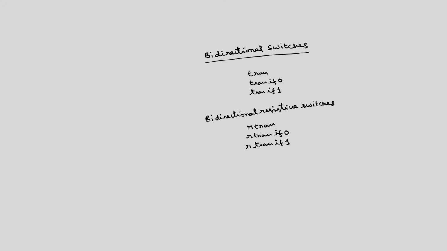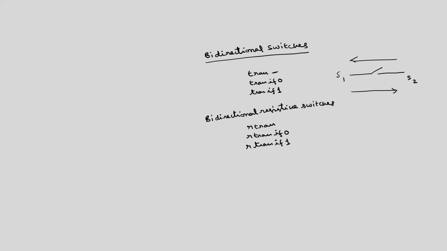As the name implies, the data can flow from input to output or output to input. If you have S1 and a switch and S2, data can flow from S1 to S2 or S2 to S1, depending upon the position of the switch. In case of tran, the switch is directly closed, and data can flow in both directions.